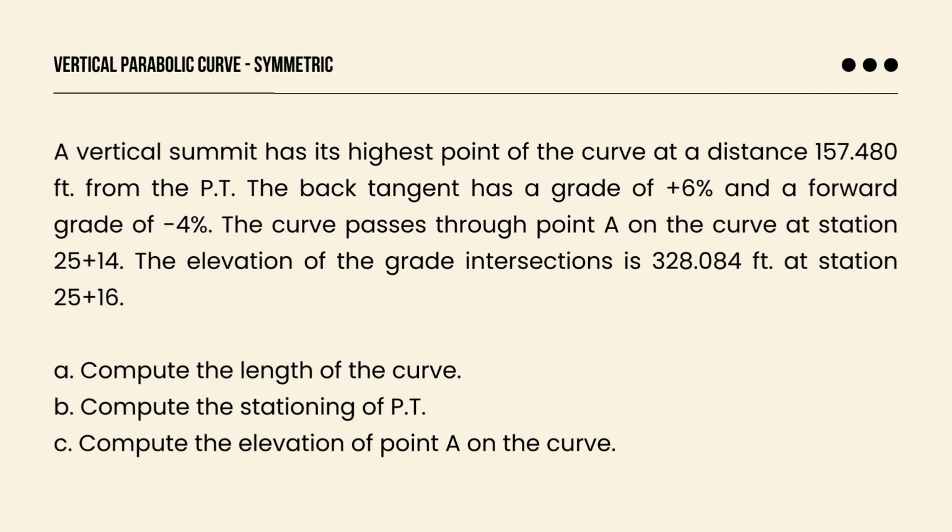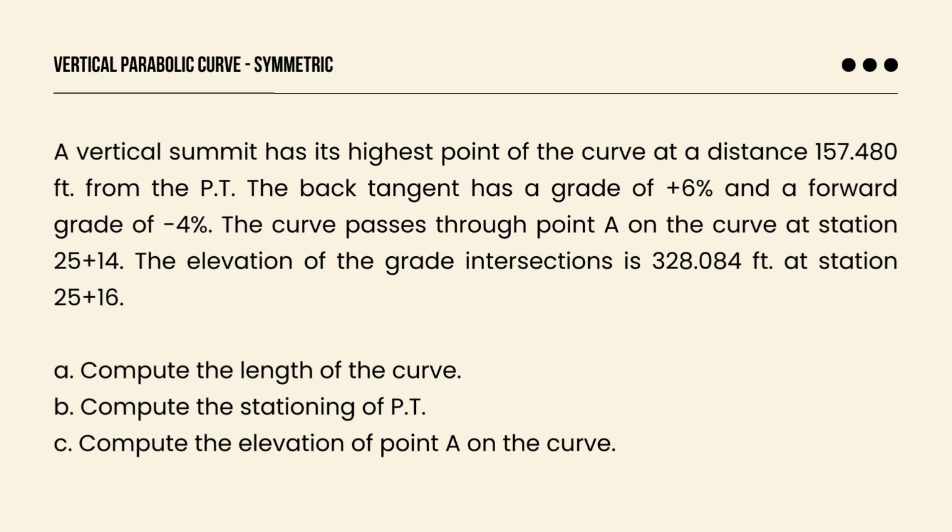Converting given values, our problem would now be: a vertical summit has its highest point of the curve at the distance 157.480 feet from the PT. The back tangent has a grade of positive 6% and a forward grade of negative 4%.